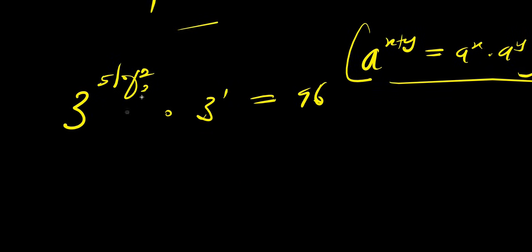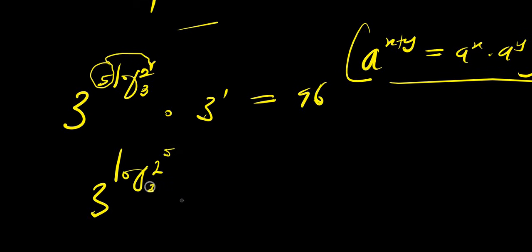So from here, this 5 comes over here. I have 3 power log of 2 power 5 to the base of 3 times 3 equals 96.